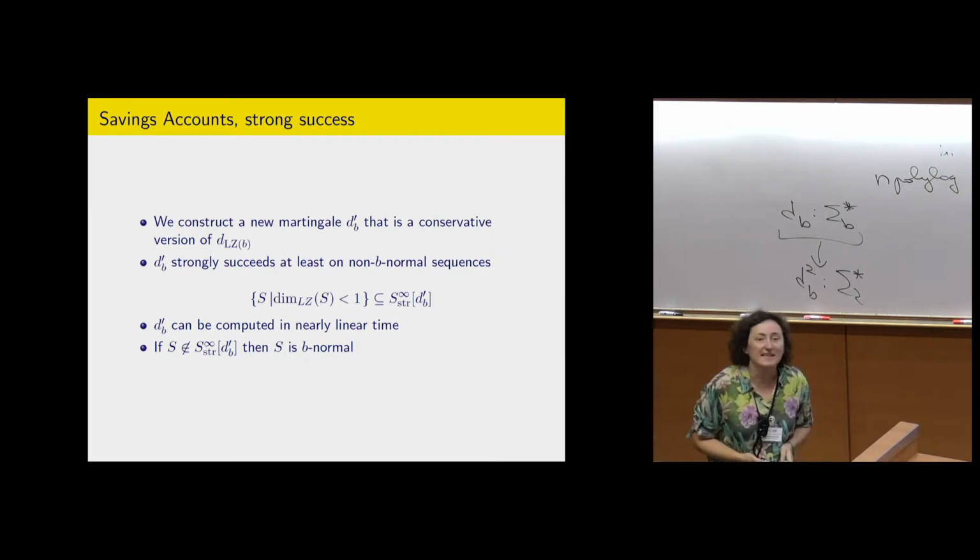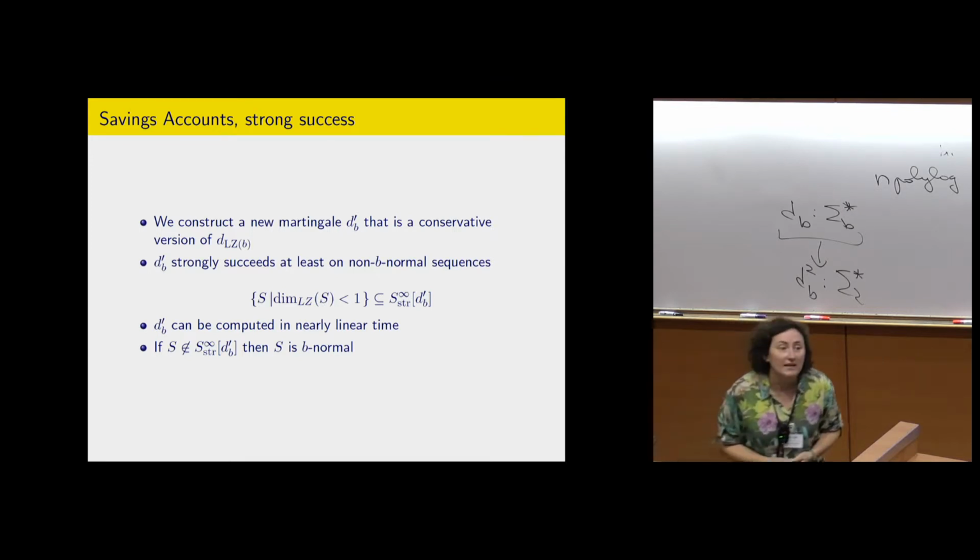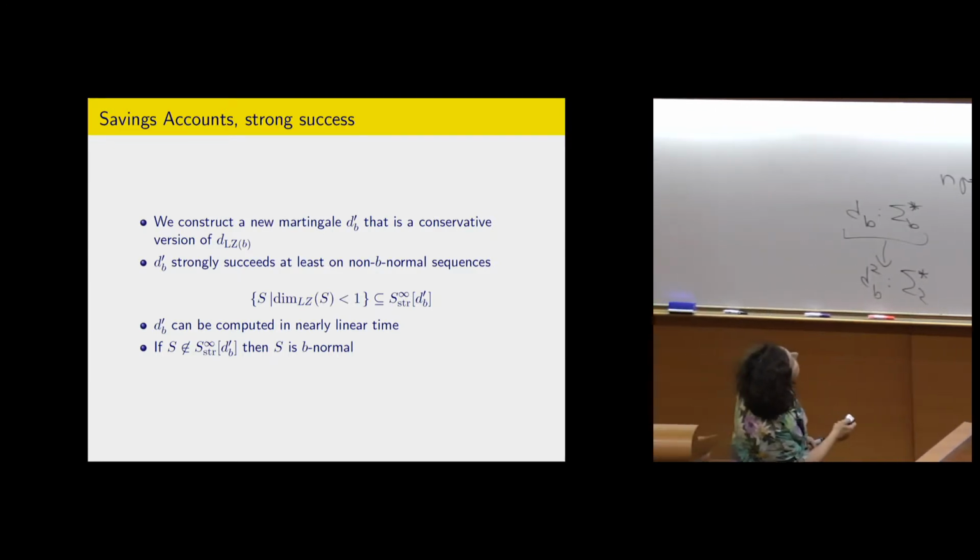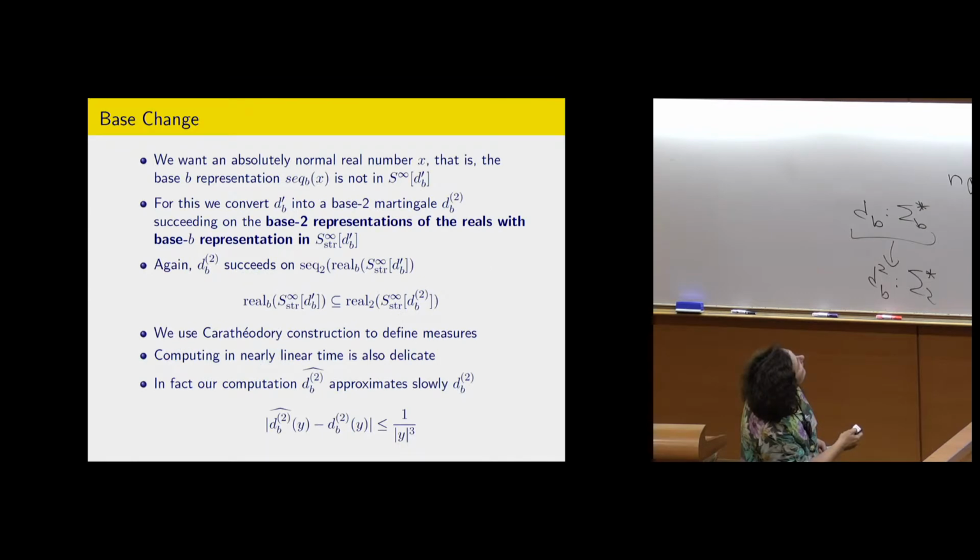It doesn't mean that you succeed exactly where the Lempel-Ziv martingale succeeds. That's not true. That would be harder to get within these resource bounds. But only for those strings in which I was succeeding exponentially, now I succeed strongly. So I trade exponential success for maybe a smaller success, but strong, meaning in the limit. This can be done in nearly linear time.